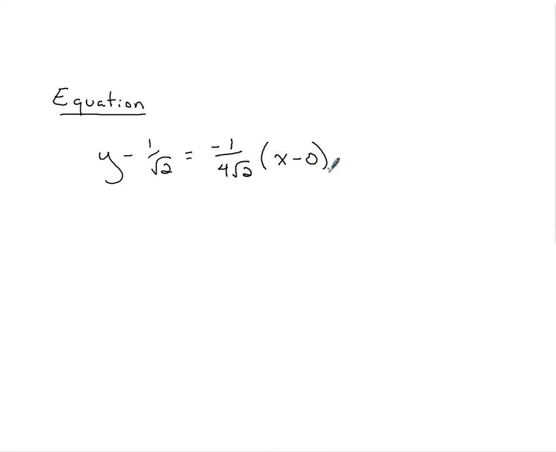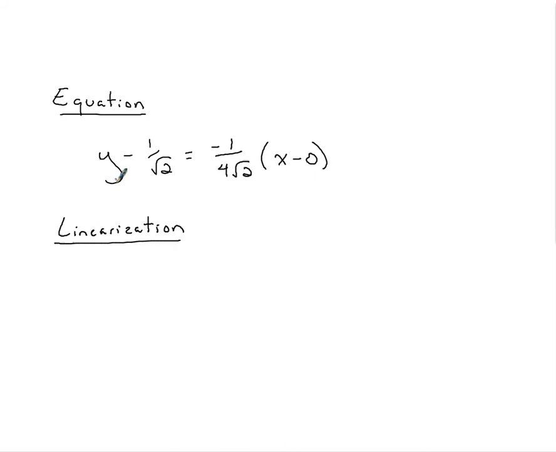And normally, if we're asked to find the equation of a tangent line, that's where we stop. But here, we're asked to linearize. So what we call the linearization, all we do is take this equation and solve for y.